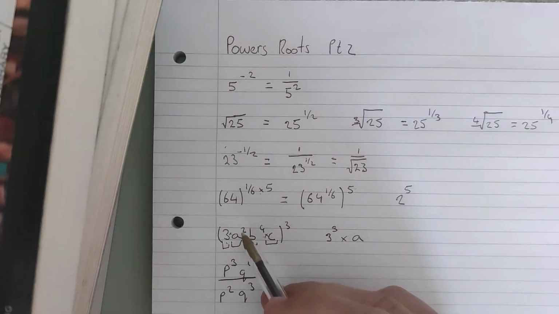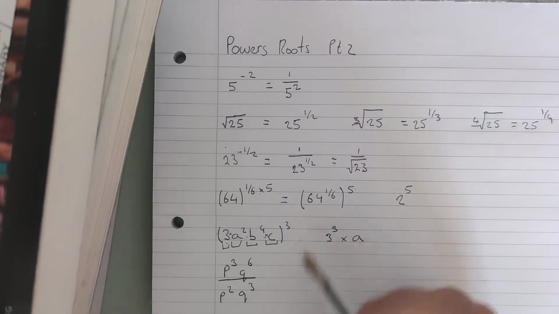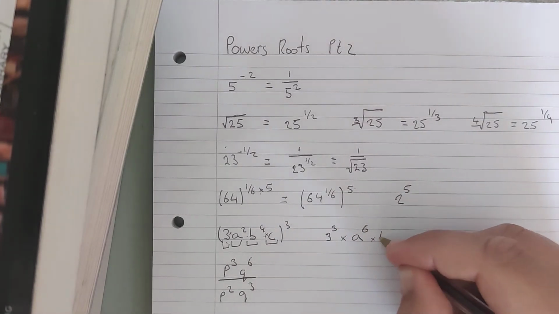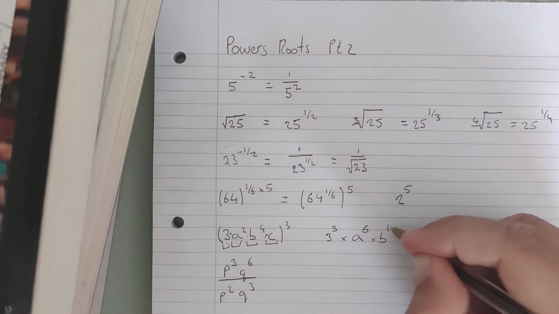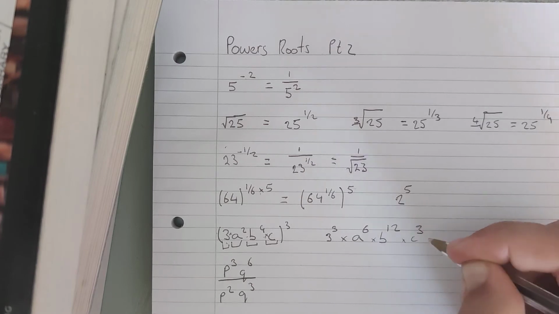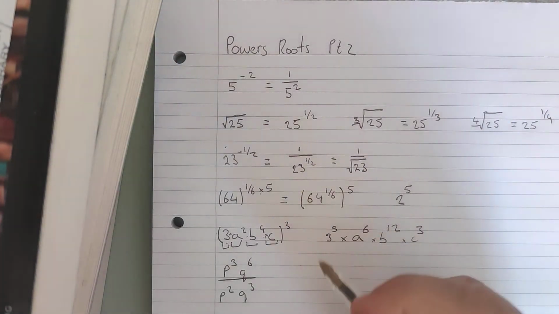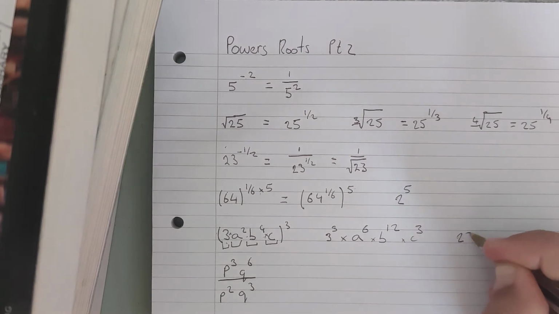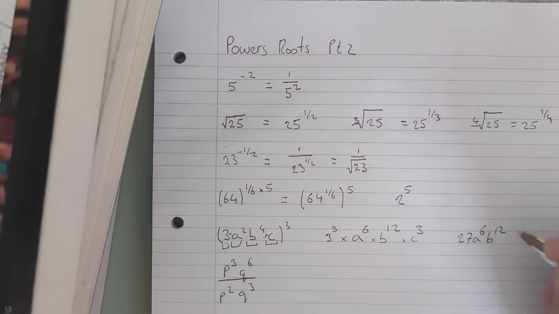The a squared is raised by 3, and that means you multiply it. So's the b, and so's the c. So you can rewrite that as 27 a^6 b^12 c^3.